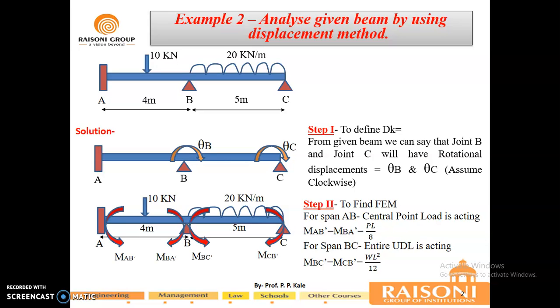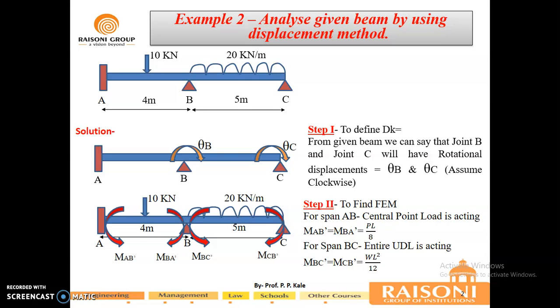And whenever there is a fixed beam having a UDL on the entire span, both supports will have a support moment equal to WL square by 12. Similarly, I will denote this FEM by M_AB dash, meaning M at A of span AB, and M_BA dash, so I denote FEM by the dash sign.